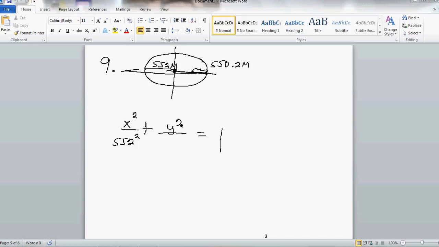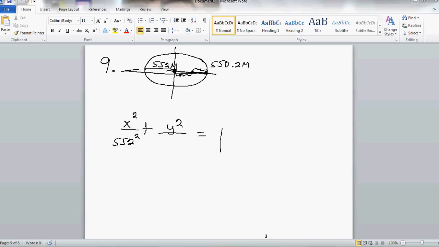Well, we know that from the focus to the vertex is 550.2 million miles, but from the center to the vertex is 552 million.